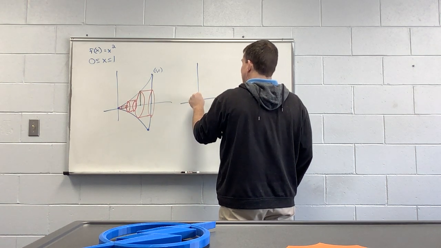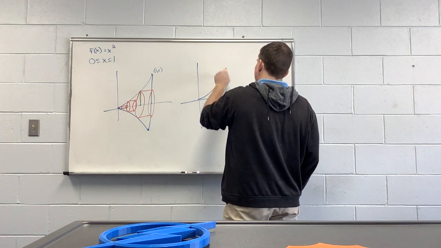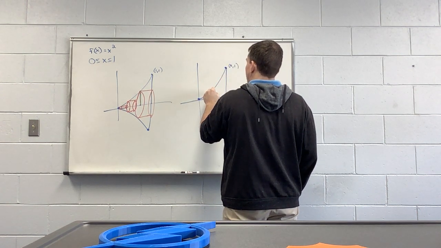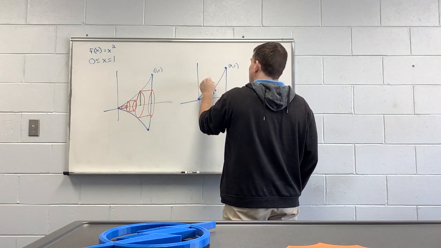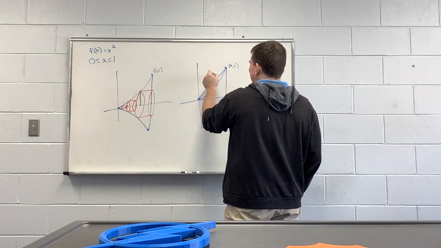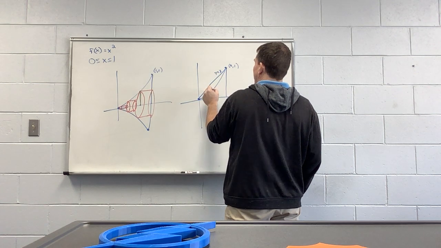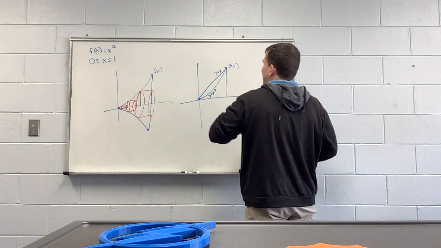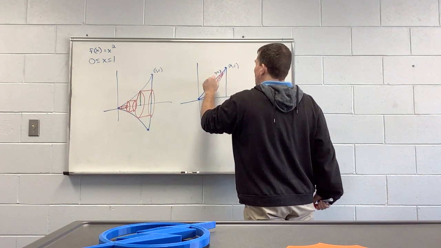suppose I have the exact same thing. We'll use x squared from 0 to 1. Then we'll also use y equals x, the line. That's a terrible line, but pretend it's actually straight. I want to find the volume of the solid between them.